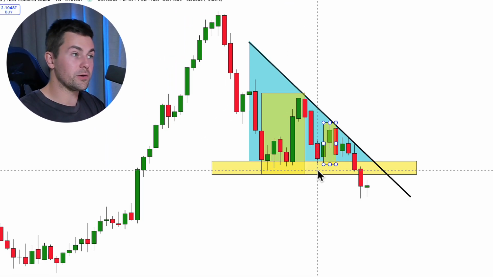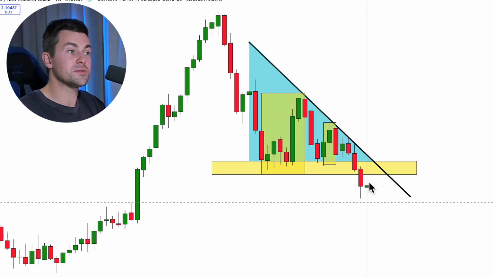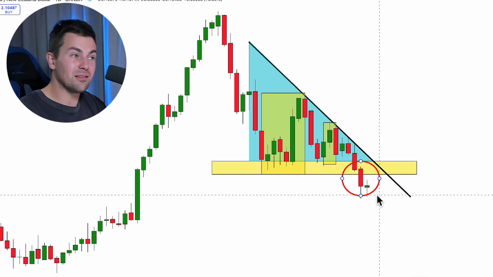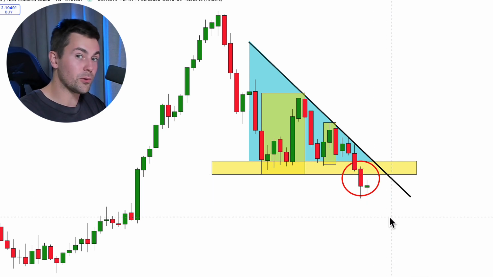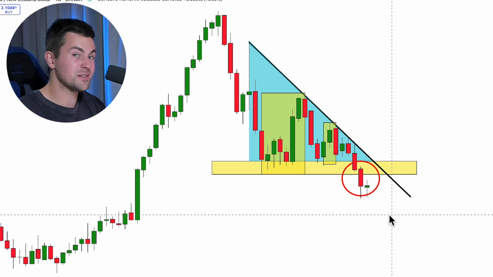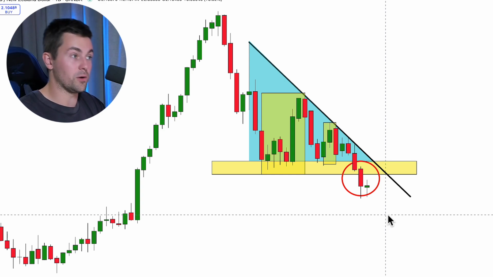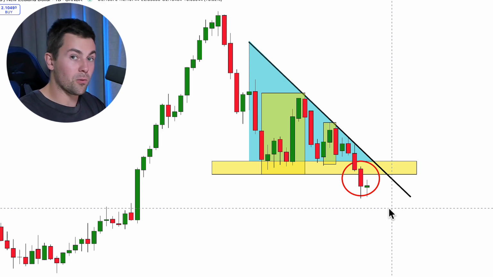And our trigger, our signal here, is always the breakout of the neckline of the pattern. Once the price violates that, once the price closes below that, it is a very strong bearish signal for us that signifies a highly probable bearish continuation.